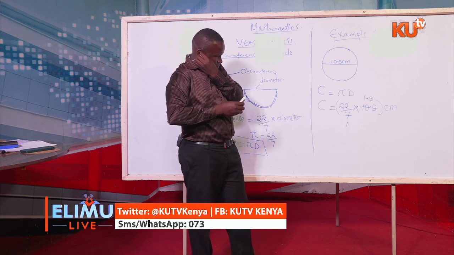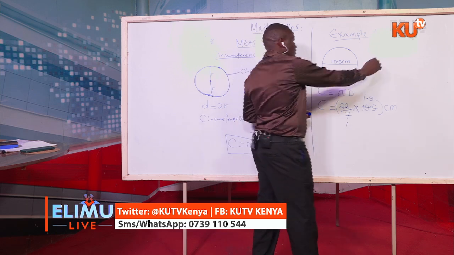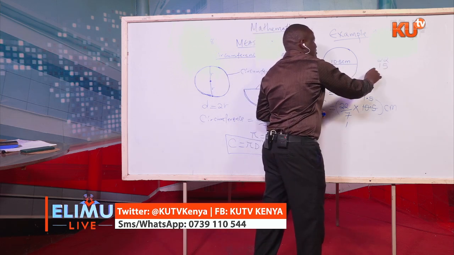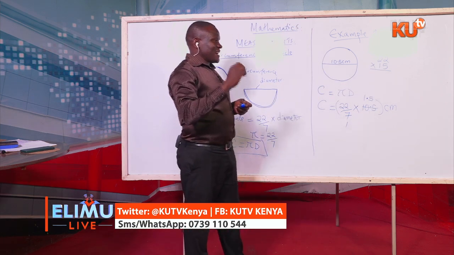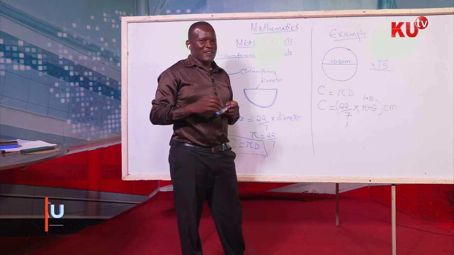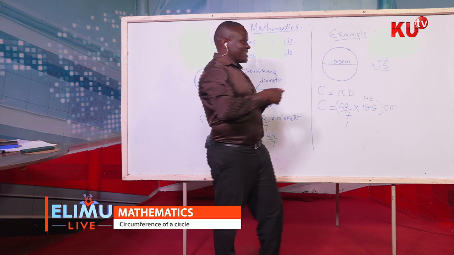So therefore we shall multiply 22 by 1.5. When we are multiplying a number that has a decimal point, we assume the decimal point, but we shall introduce it later in our answer.